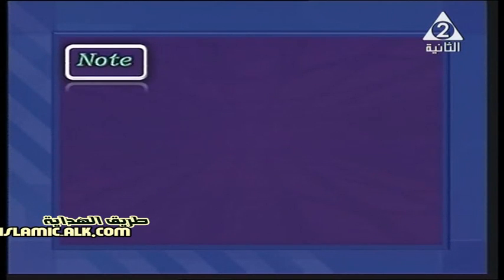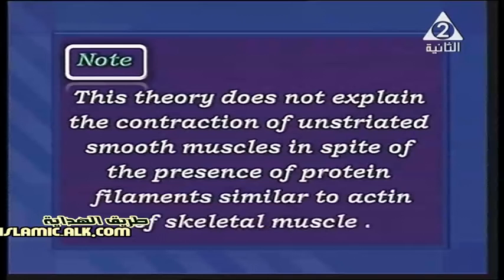We have a note here that this theory doesn't explain the contraction of unstriated smooth muscles. Again, we have voluntary muscles, you can control their movement. Involuntary muscles, you cannot control their movement.